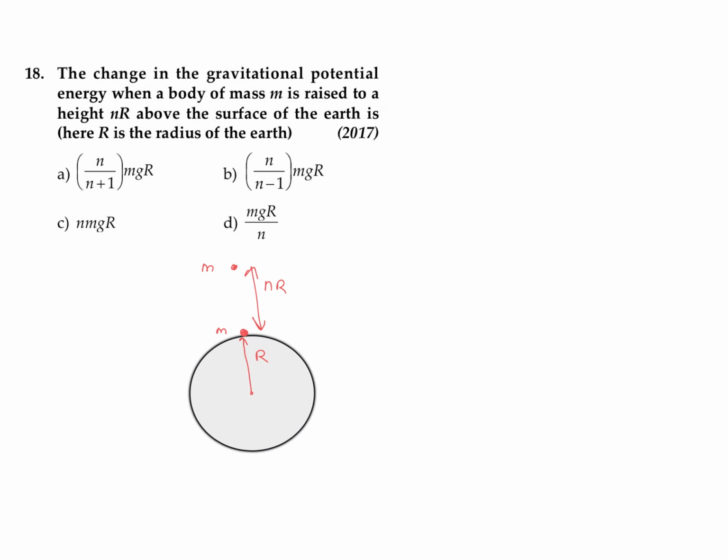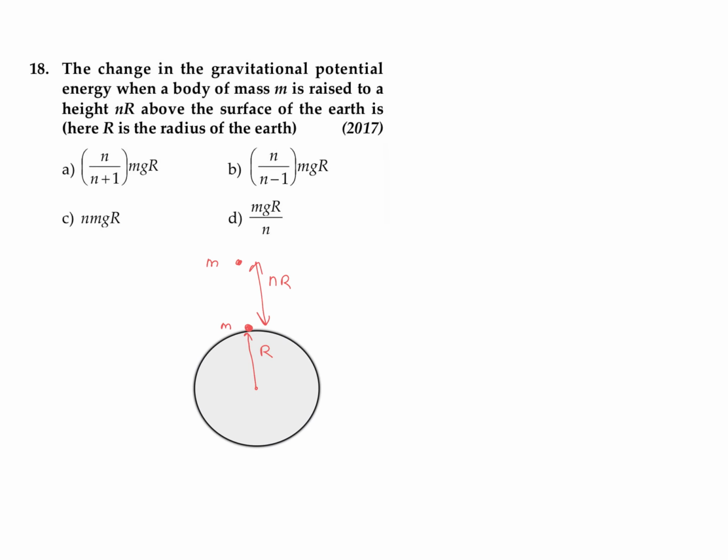And we are to find the value of its increase in potential energy. So this we can take as the final point, and this we can take as the initial point. The increase in potential energy is the final potential energy minus the initial potential energy.